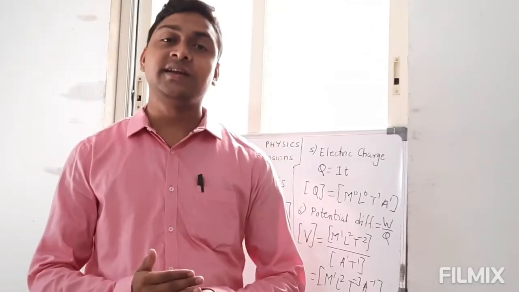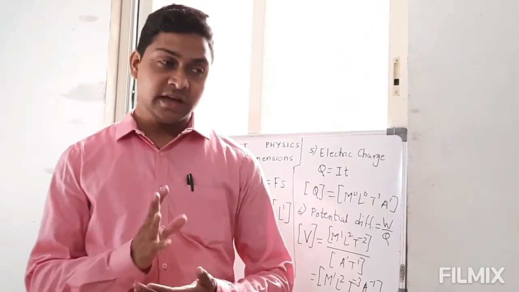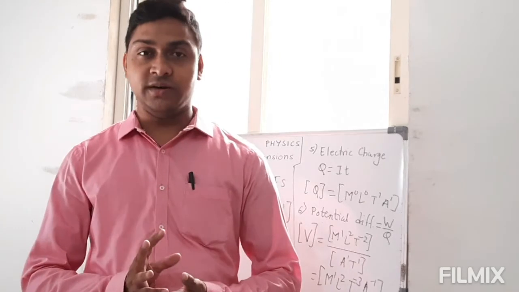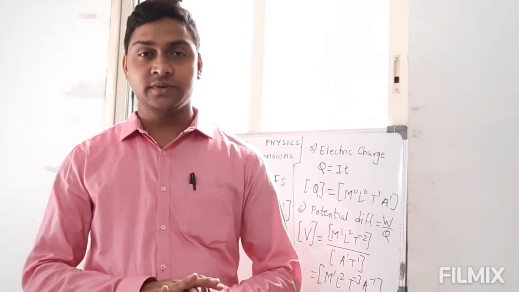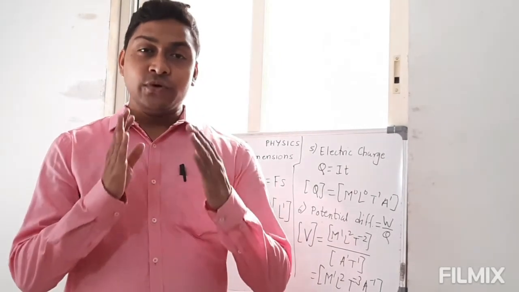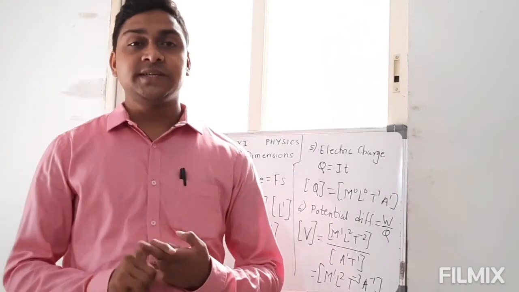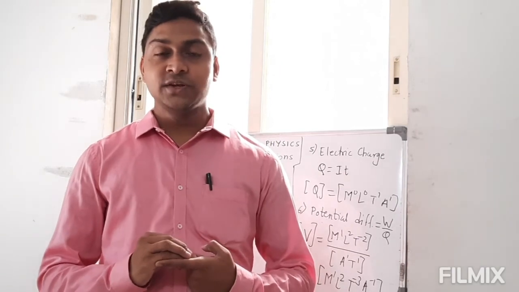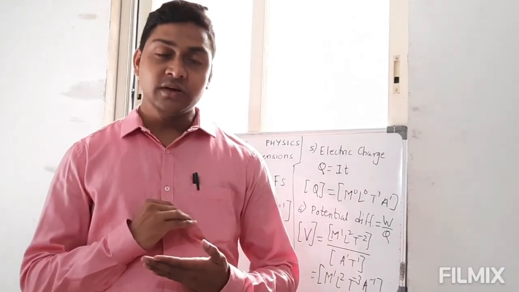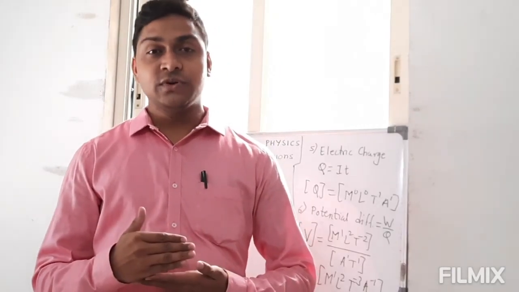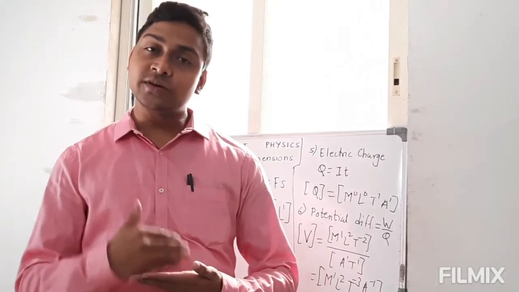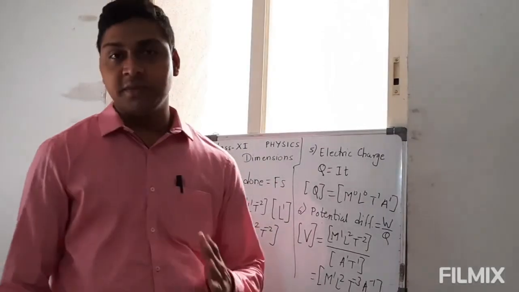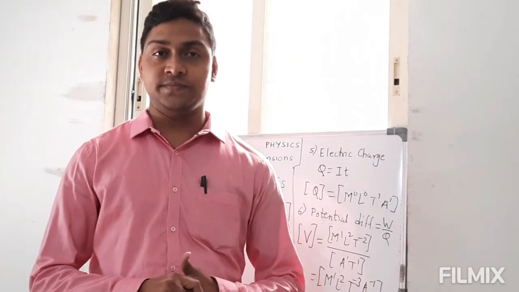If you are not getting any formula, you can refer to your textbook. And to know the dimensions, the first basic thing is you have to remember the formulas. So you should take lots of time to remember the formulas. If you know the formula, you can easily find the dimensions of any physical quantity. Thank you.